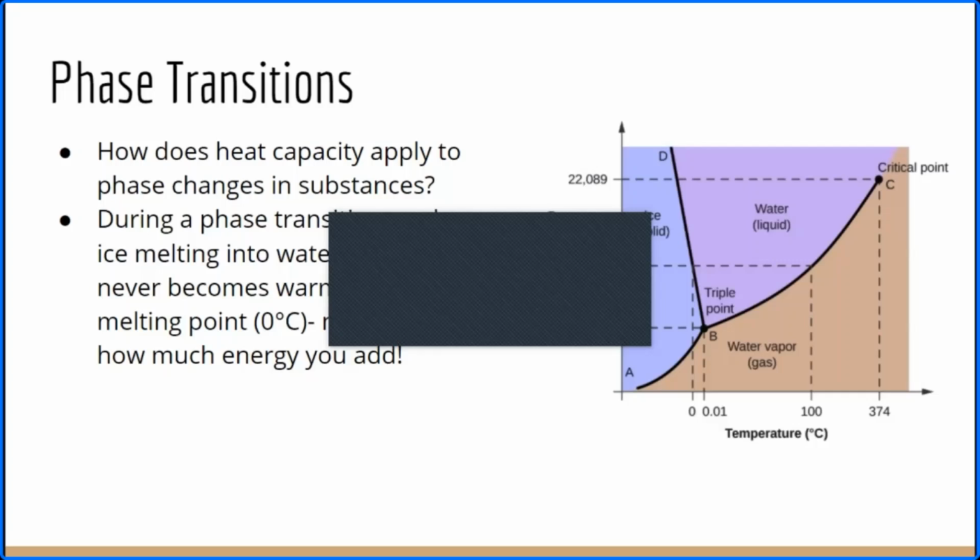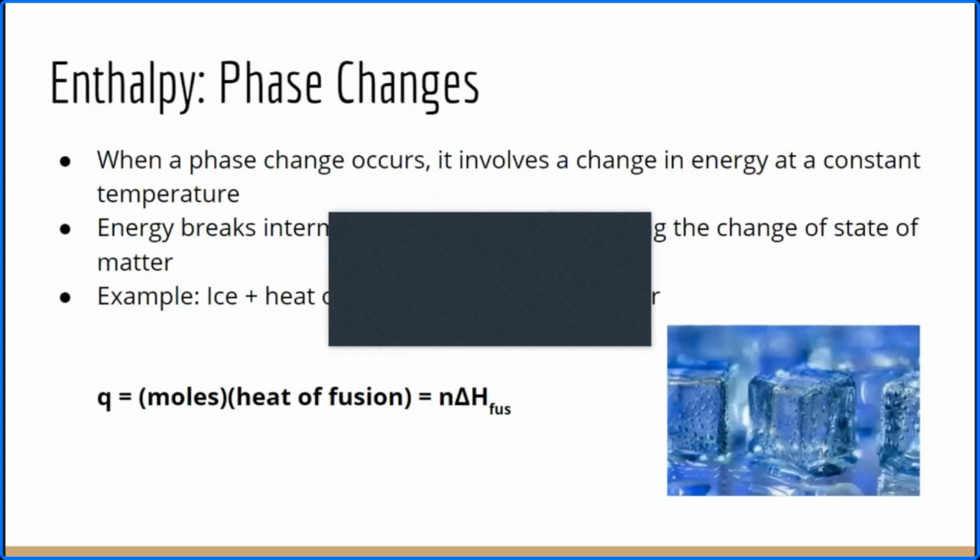That's because that energy is being used to break those intermolecular bonds, and we're going to talk about that. It's actually called enthalpy. And so we have this phenomenon called enthalpy.